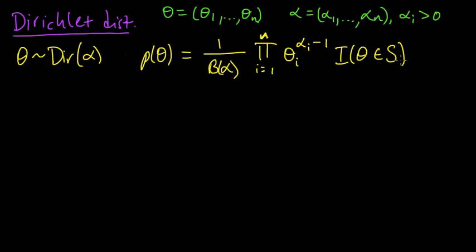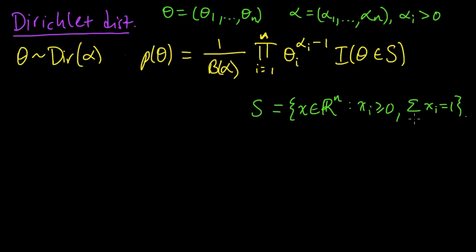And this set S is the set of all vectors x in R^n such that x_i is greater or equal to 0, and the sum of the x's is 1. So this is just the set of PMFs on the numbers 1 to n.